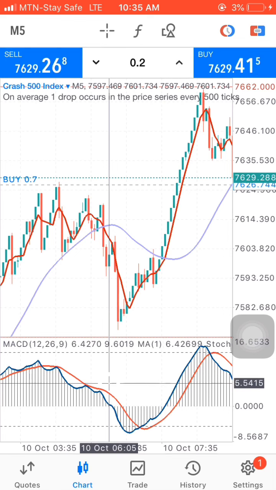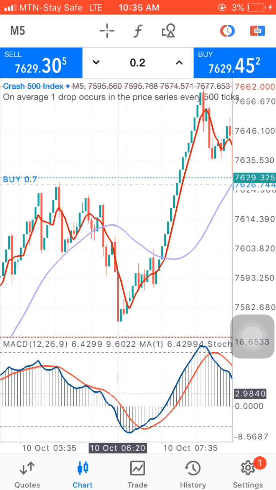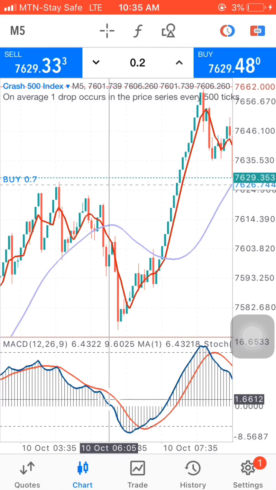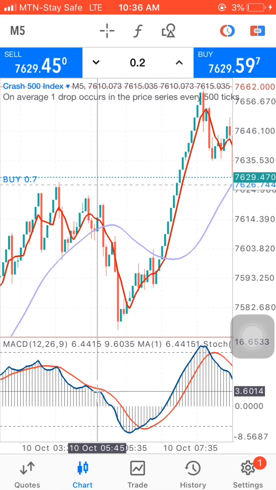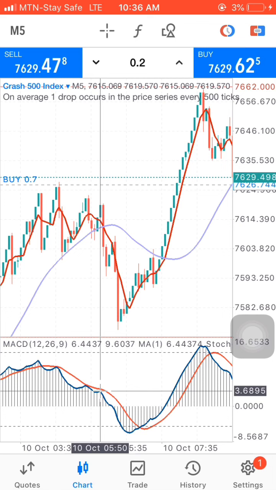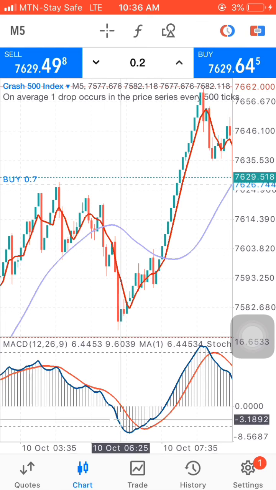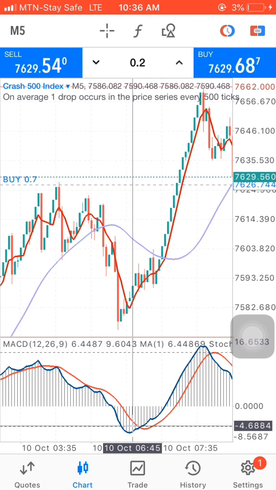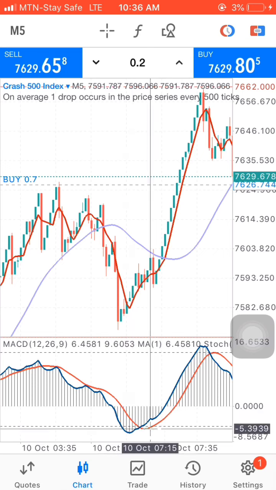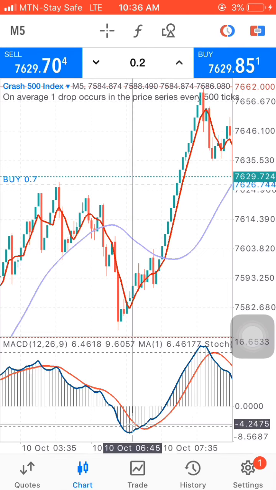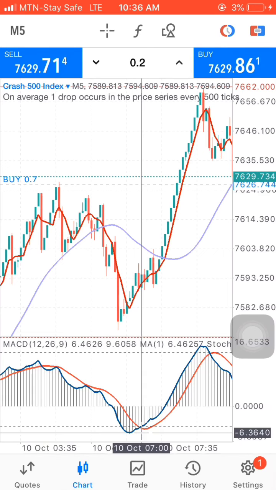To be sure about this market, you have to wait for the red line and the blue line, which is the MACD and the moving average, to get below our level 15. Then when there is a cross, when they cross each other, you can now enter for a buy.